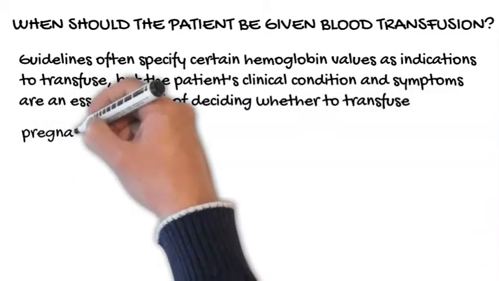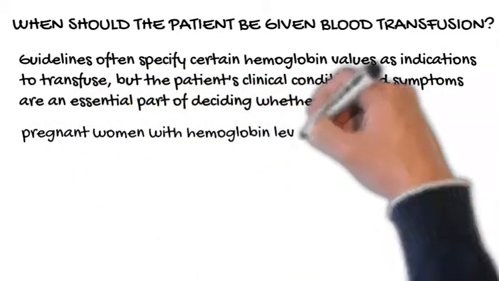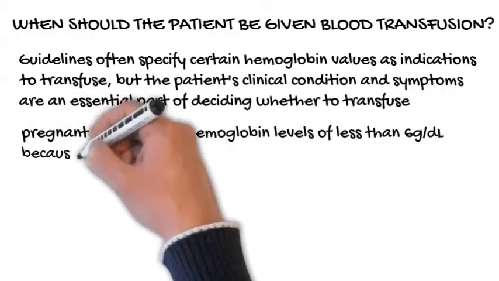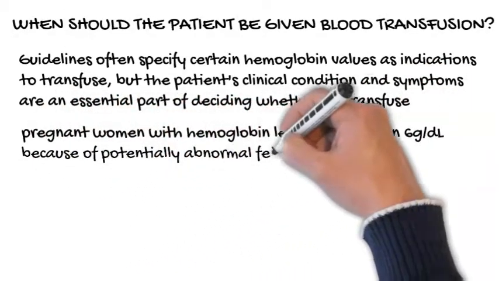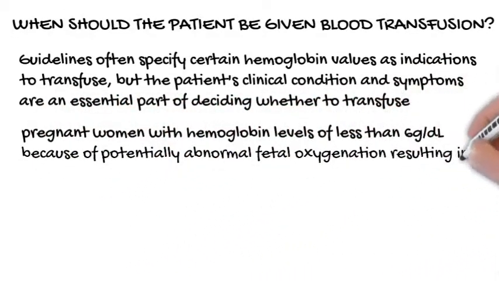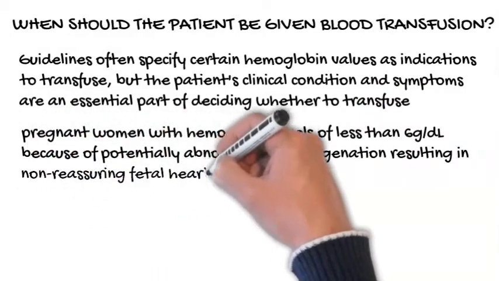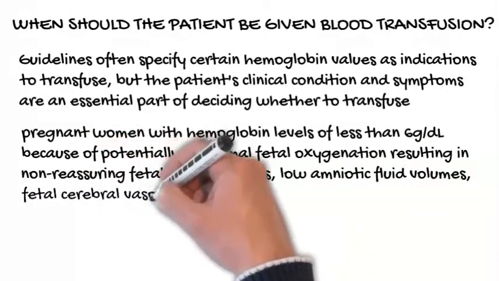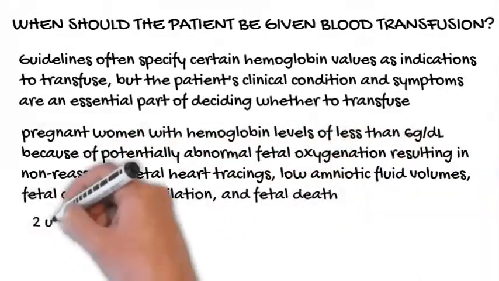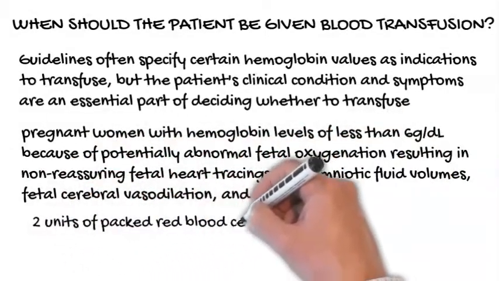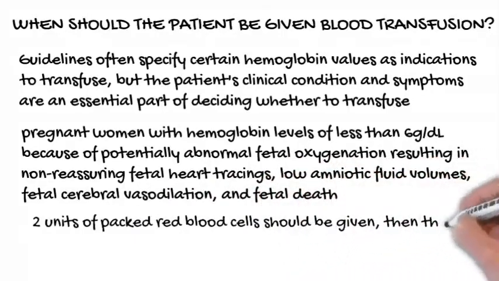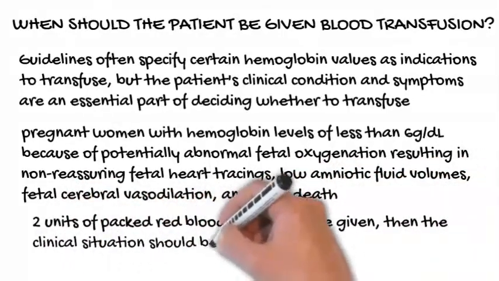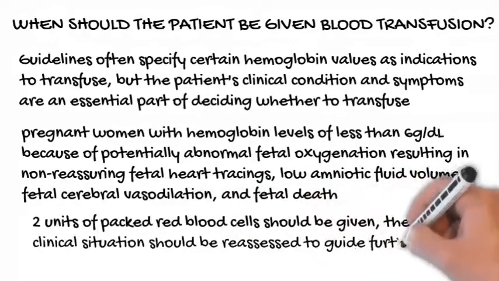Transfusion is recommended in pregnant women with hemoglobin levels of less than 6 gram per deciliter because of potentially abnormal fetal oxygenation resulting in non-reassuring fetal heart tracings, low amniotic fluid volumes, fetal cerebral vasodilation, and fetal death. If transfusion is performed, 2 units of packed red blood cells should be given. Then the clinical situation should be reassessed to guide further treatment.